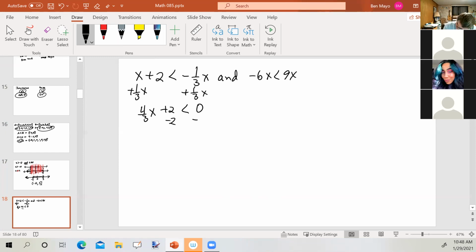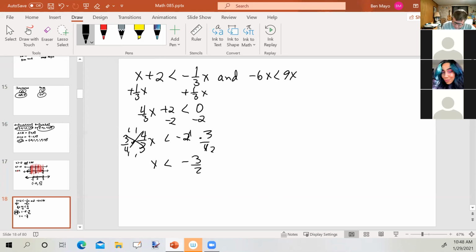I'm going to subtract 2. 4/3 x less than -2. I'm going to multiply both sides by 3/4. So the 3's and the 4's reduce down to 1's, and 2/4 is 1/2, so -3/2. So solving that first inequality, I get x is less than -3/2.